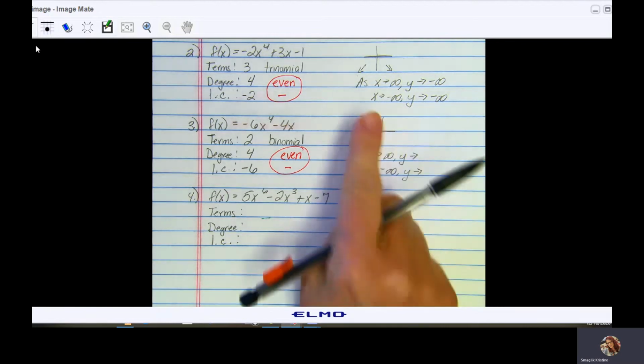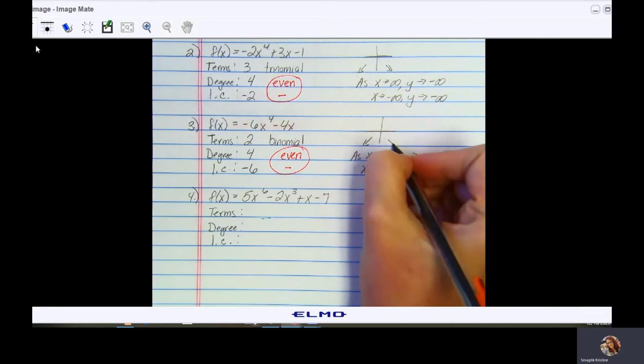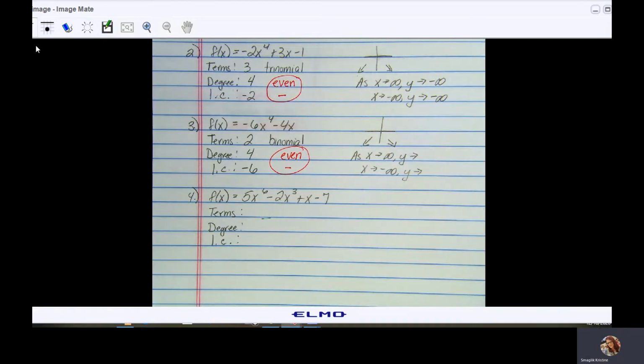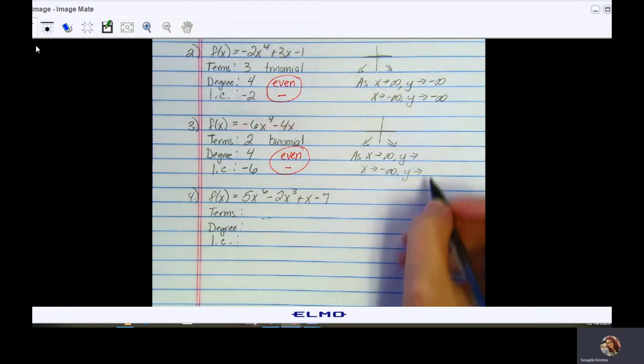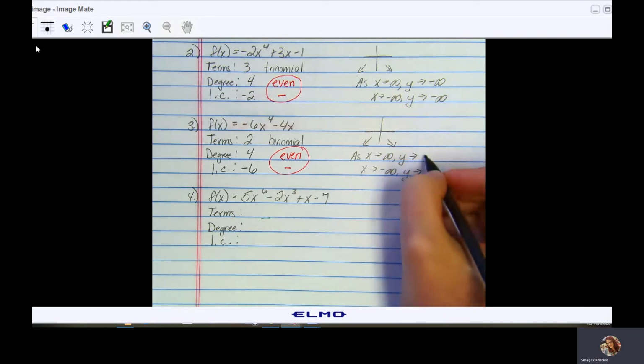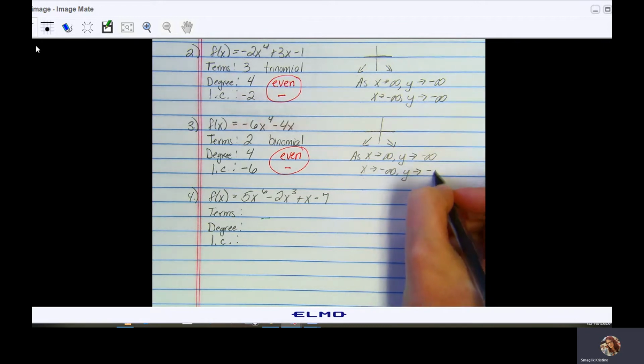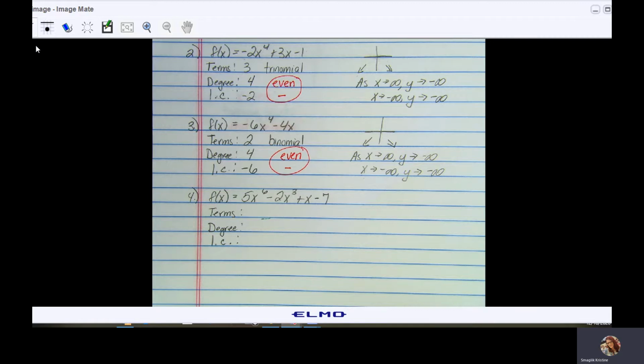So again, this is going to be exactly the same as above. We are going down, down, and as x approaches positive infinity, y is approaching negative infinity. As x is approaching negative infinity, y is also approaching negative infinity.